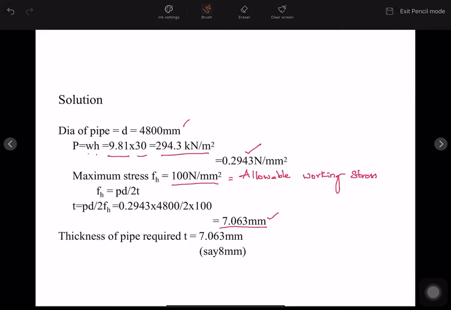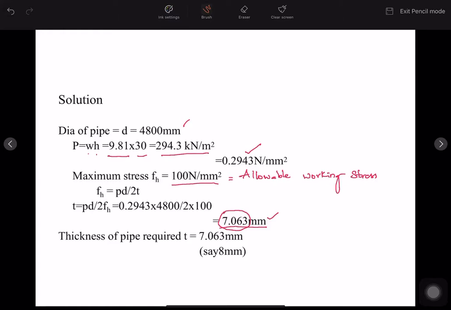So the thickness of the pipe required should be more than this value, because this decimal value is very difficult to maintain in practice. So it is better to increase the thickness to the next round figure. It should be the next round figure on the higher side, not on the lower side.